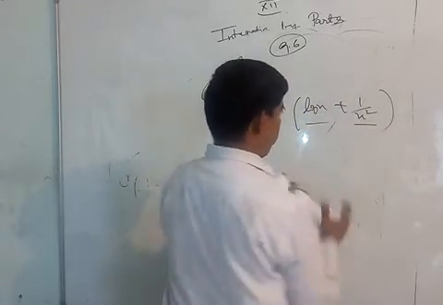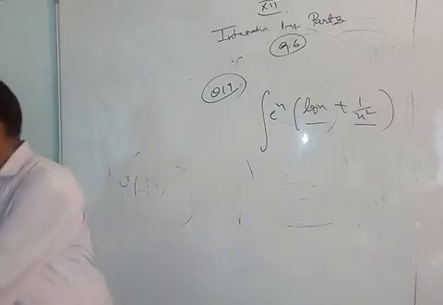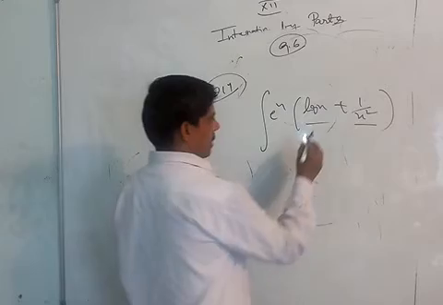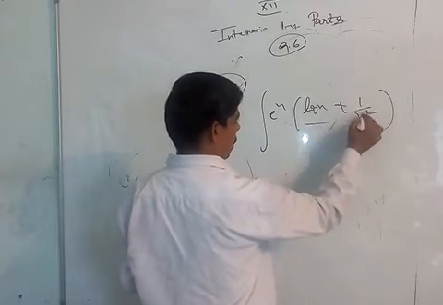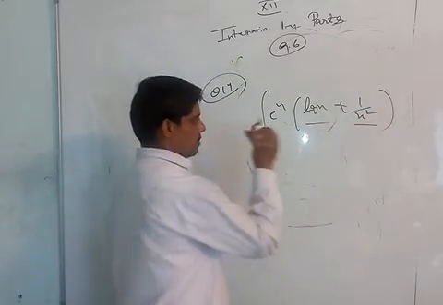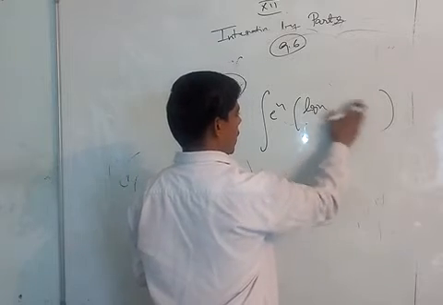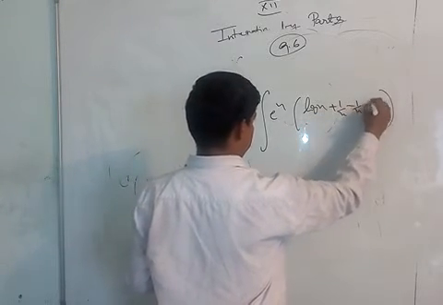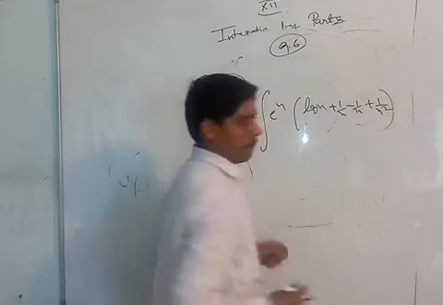Now this is not the derivative of log x. But suppose we just add 1 upon x here, then this becomes the derivative of log x, and we get minus 1 upon x also. So what we can do is plus 1 upon x minus 1 upon x plus 1 upon x square.